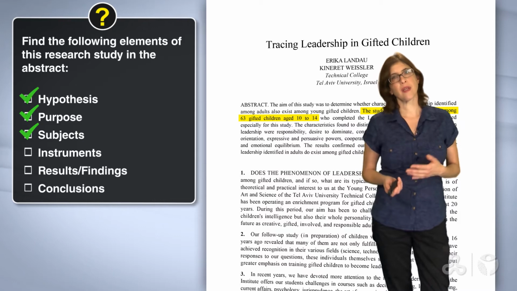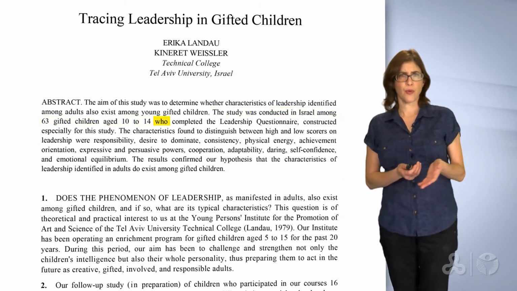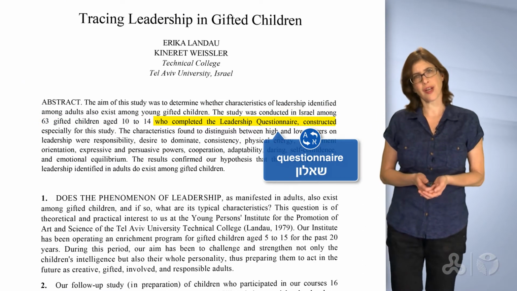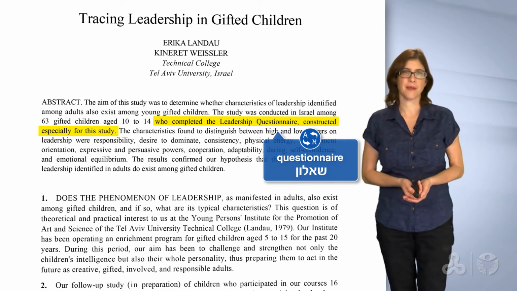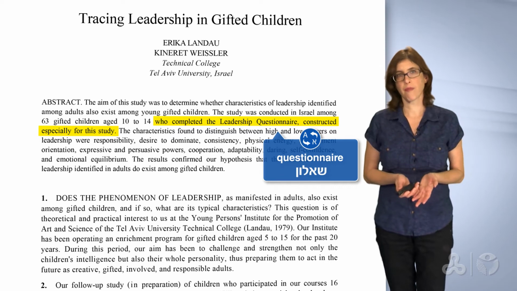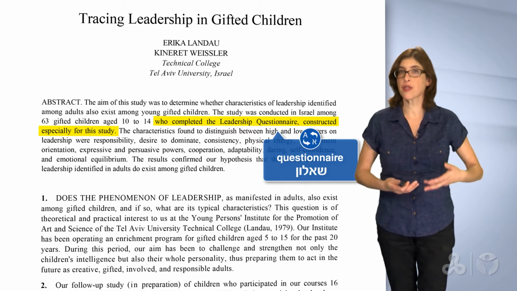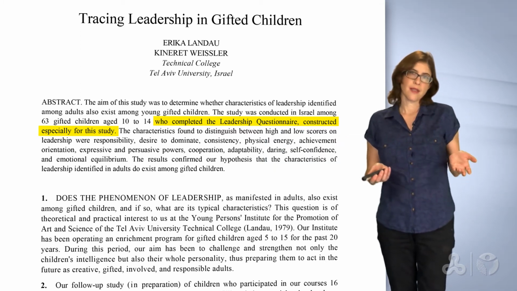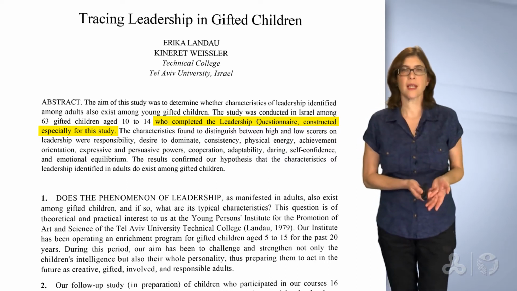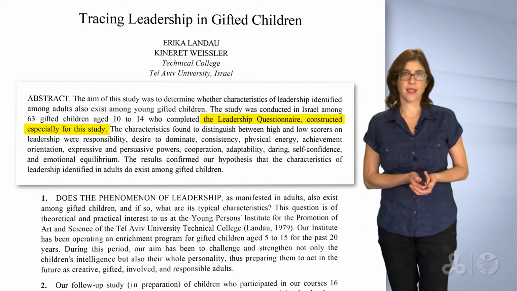Now, let's see what the instruments were. Let's keep on reading the second sentence. Who, this means the children, completed the leadership questionnaire constructed especially for this study. Pay attention to the word questionnaire. This is often an instrument in a study. This is something the researchers use. So we found our answer. The instrument was a leadership questionnaire constructed especially for the study.